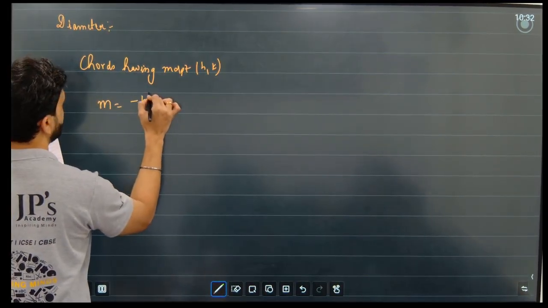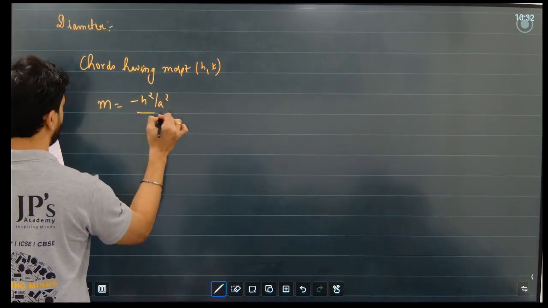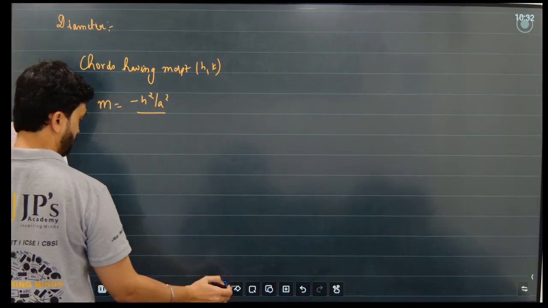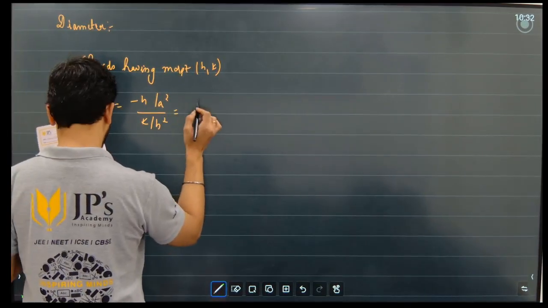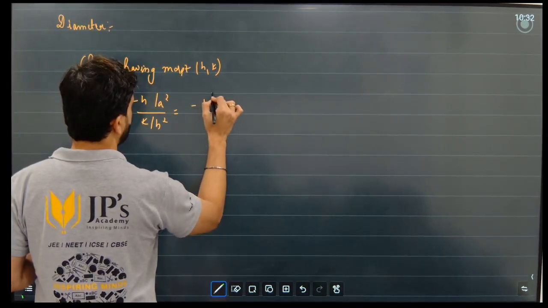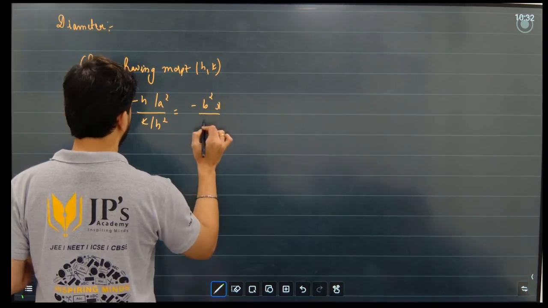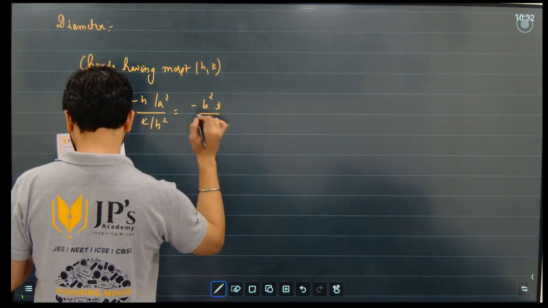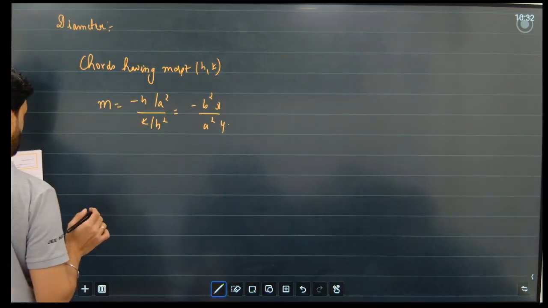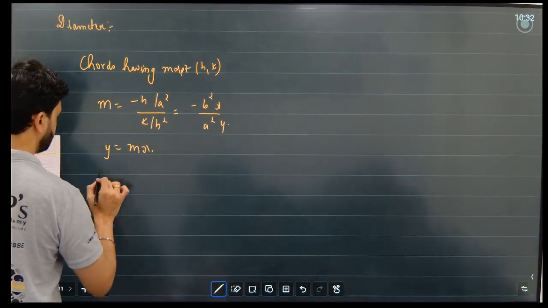M is minus h square upon a square minus h upon a square k upon b square is equal to minus b square x upon a square y. ठीक है. Now we know that it is y is equal to mx.